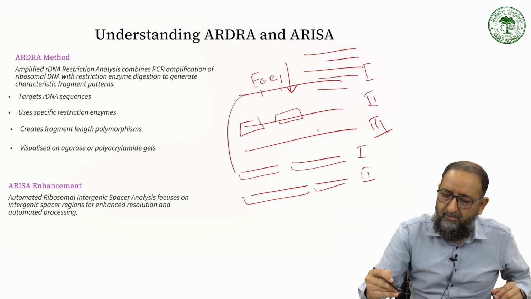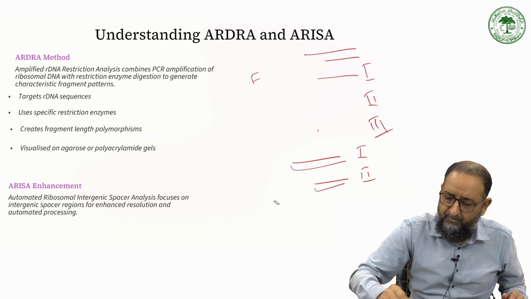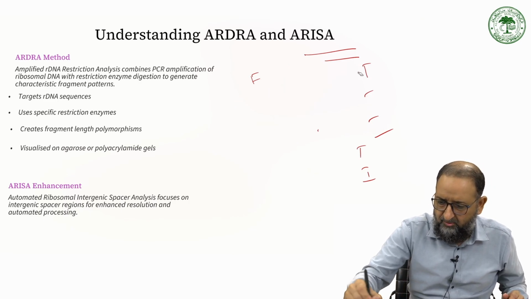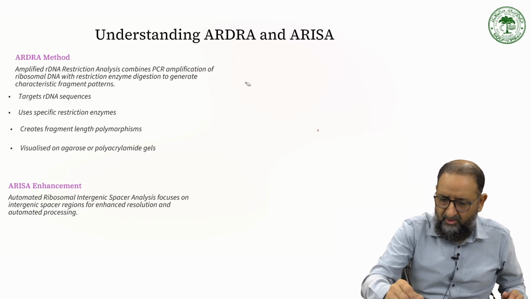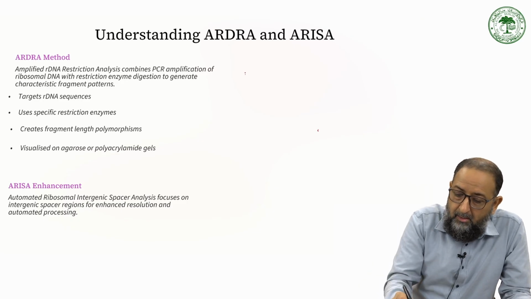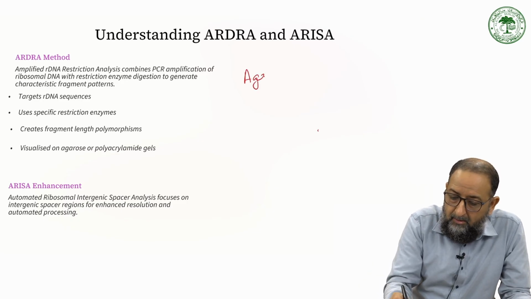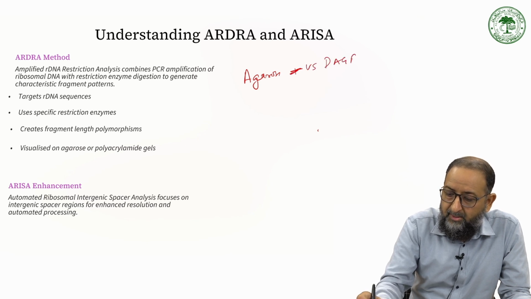Now, in case of the difference between PAGE and agarose, suppose I ask you a question: when do you run a PAGE and when do you run an agarose? Agarose versus PAGE.